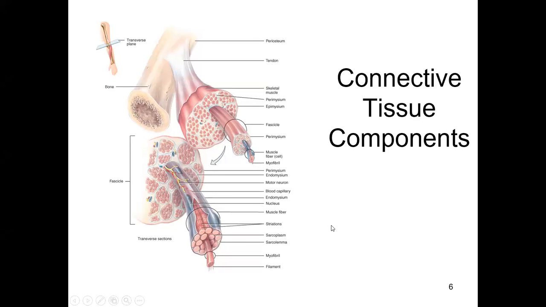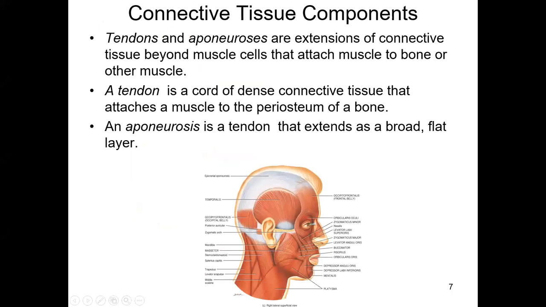And so after these connective tissues, the endo, peri, and epimysiums, we have to mention the large visible structures they form, which are tendons. Aponeurosis, the epicranial aponeurosis we saw in the lab, is a flat tendon, and tendons are composed of the merging of endo, peri, and epimysiums.